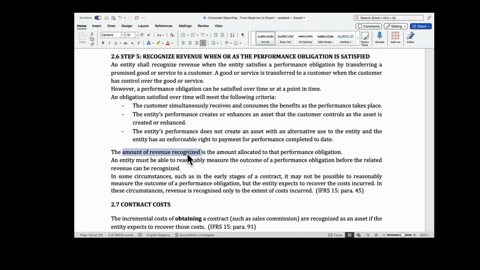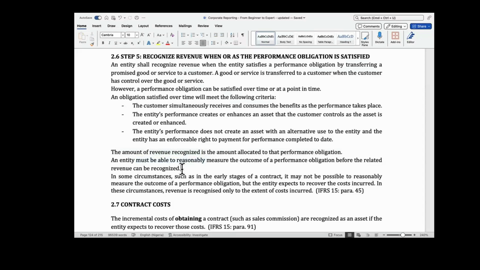And how would you even rate or calculate what we have done till today? So that's why this standard is saying that the entity must be able to measure the outcome of the performance obligation before you can recognize revenue. So that means we should be able to measure the outcome of what we want to do.